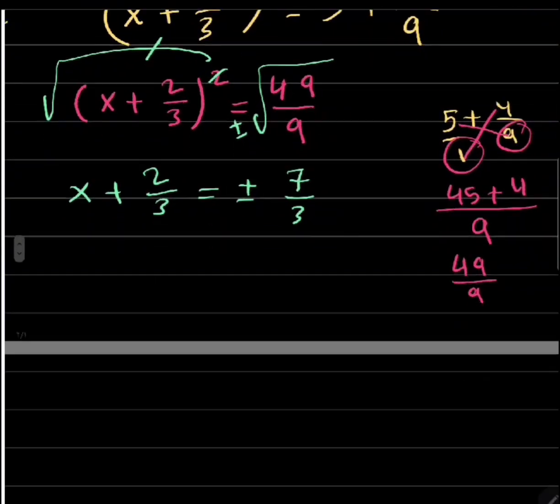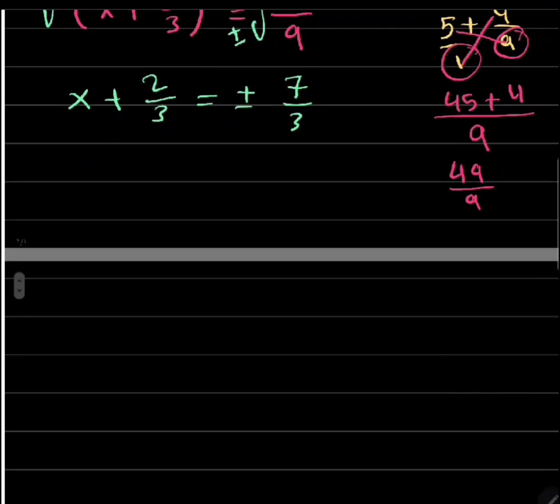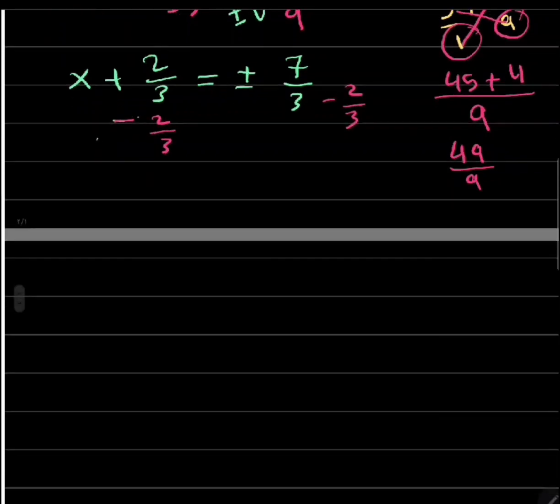Now the next step, I want you to isolate x, so I'm going to subtract 2 over 3 from both sides. So what happens next is this whole thing cancels out. So we got x equal to positive or negative 7 over 3 minus 2 over 3. The next thing, I want you to split the positive and negative sign.